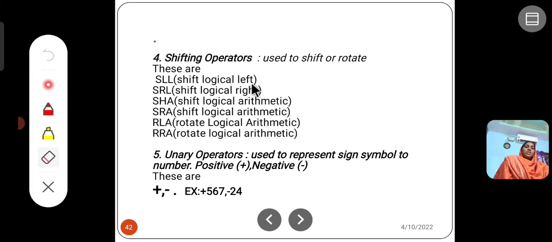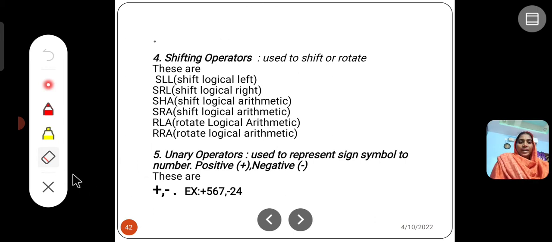Shift left means it will shift only one time. Shift arithmetic means it will shift to some extent. If you give 4, it will shift that value 4 times. Rotate means it will circularly rotate the value 4 times.